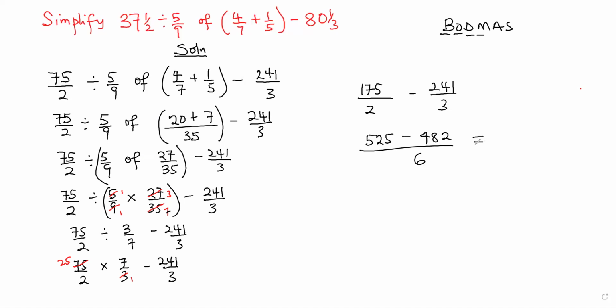And so when we subtract, we're going to have 43. So we have 43 divided by 6, which we can choose to change to a mixed fraction, which is 7 and 1 over 6. Okay.